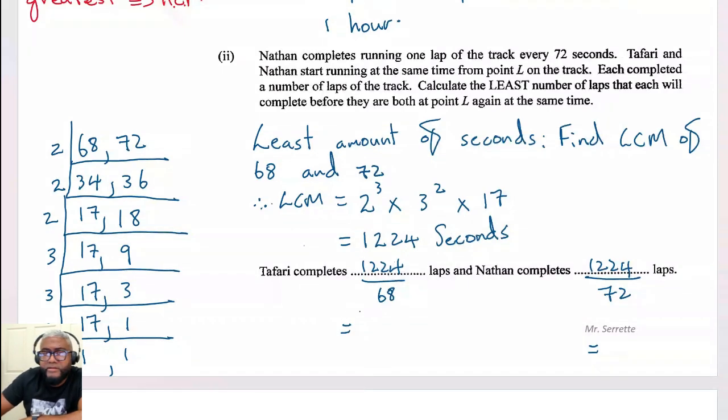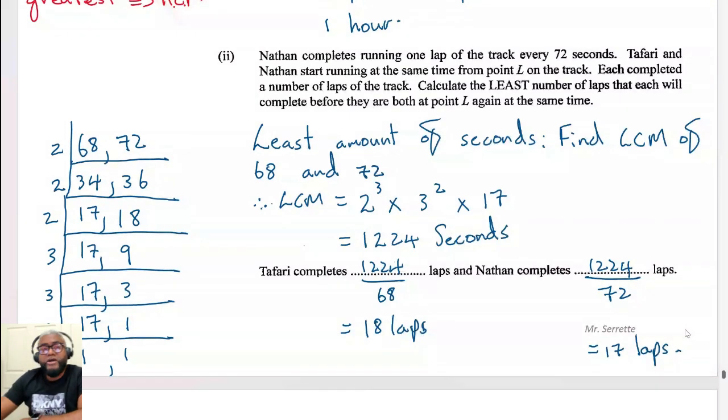So Tafari would take 18 laps and Nathan would take 17 laps. Excellent. That's correct, sir. Copy it down, because I know you all will need to. So once again, we found the LCM of 68 and 72, because they want the least number of laps, so we found the least number of seconds first.